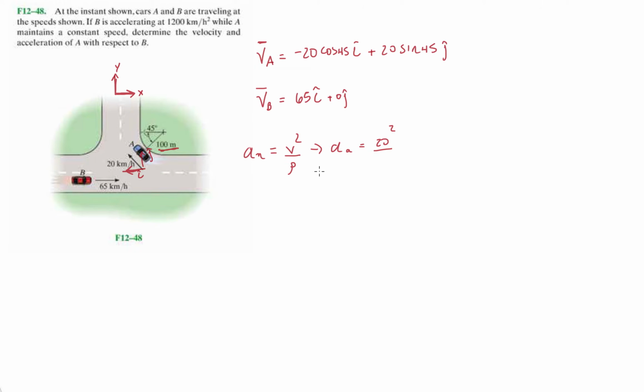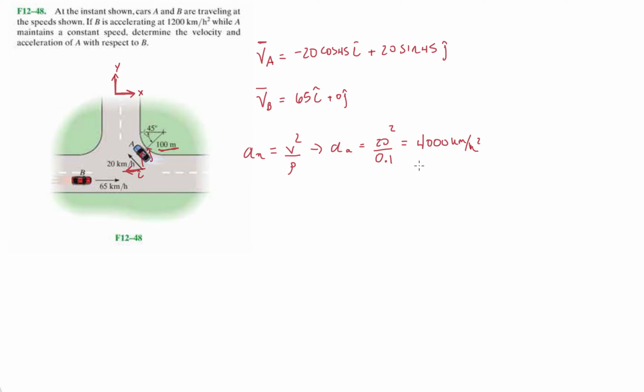Don't forget to switch your units. We're doing everything in kilometers per hour, so the 100 meters becomes 0.1 kilometers. We have 400 divided by 0.1, so we have 4,000 kilometers per hour squared.